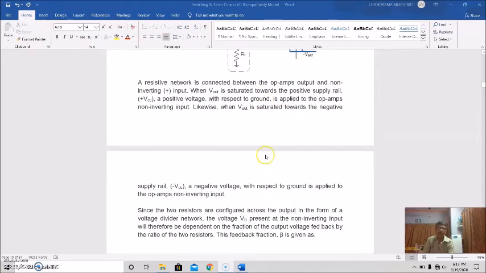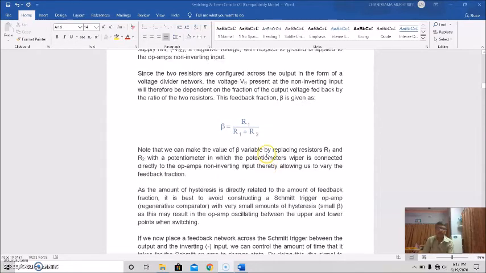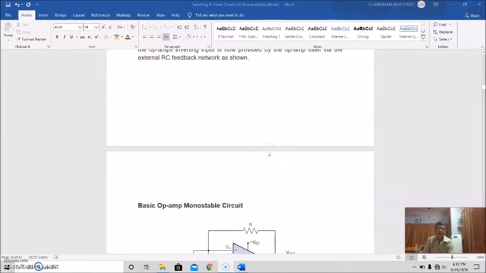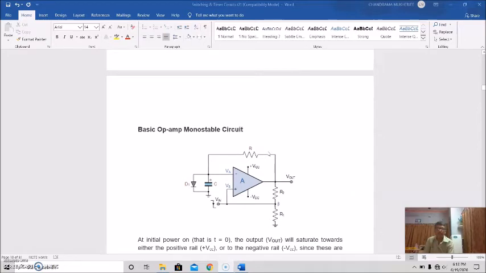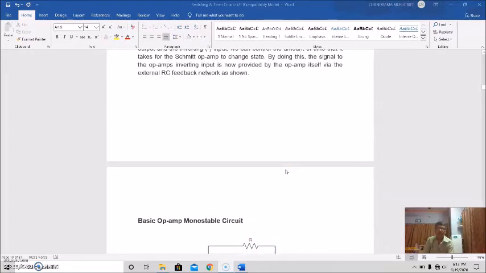Then we discussed the basic op-amp monostable circuit using this Schmitt comparator feedback path.